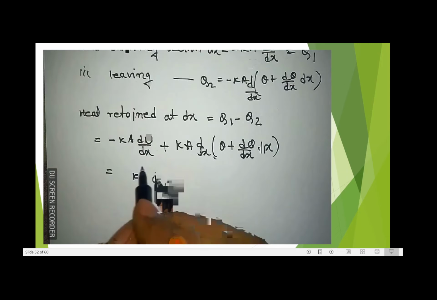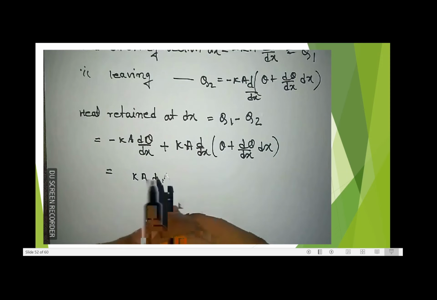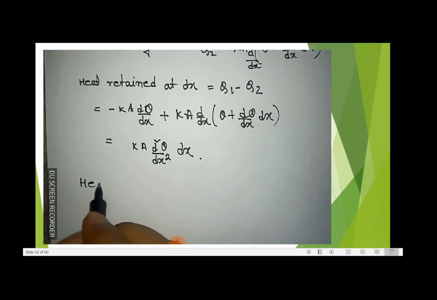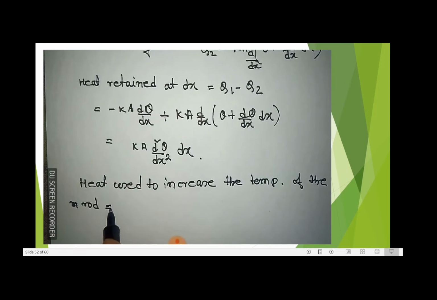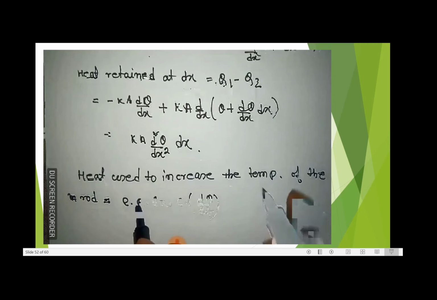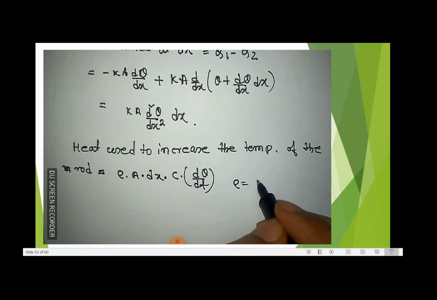Now this heat will be used in two parts. One is to increase the temperature of the material, and the other is radiation to the surroundings. The heat used to increase the temperature of the material would be equal to rho A dx c into d theta/dt. Here rho is the density of the material, obviously of the rod.